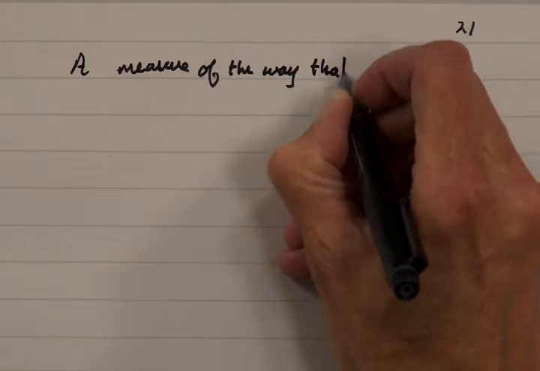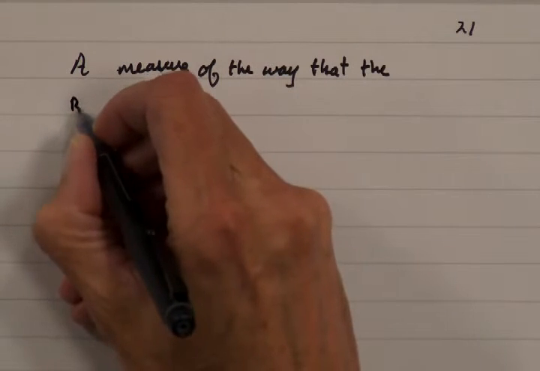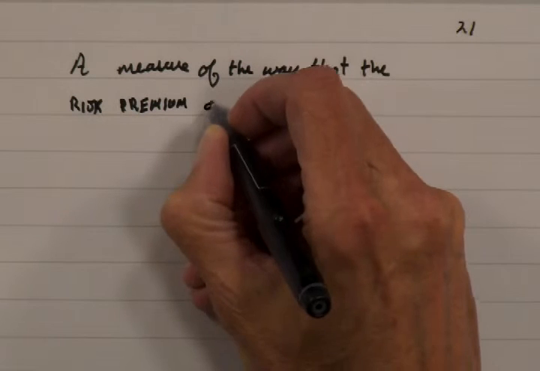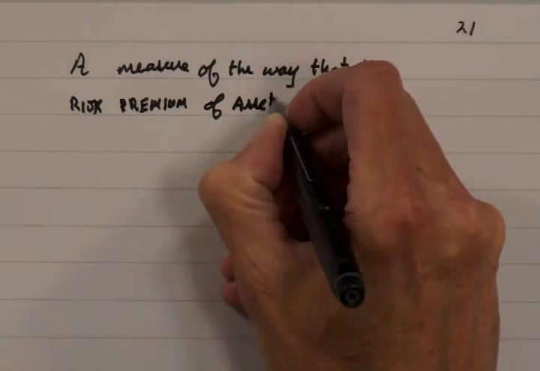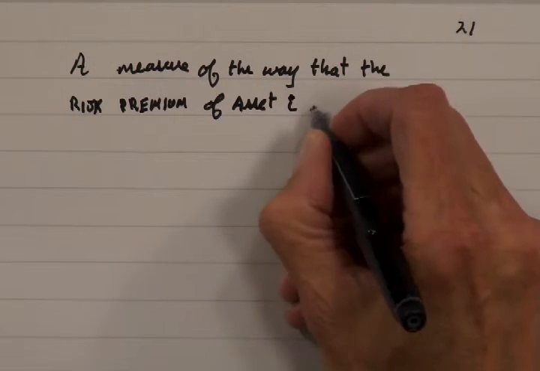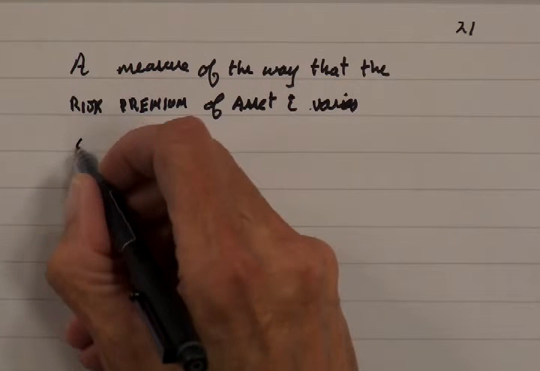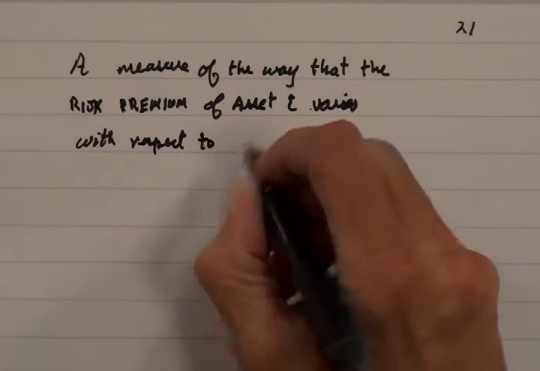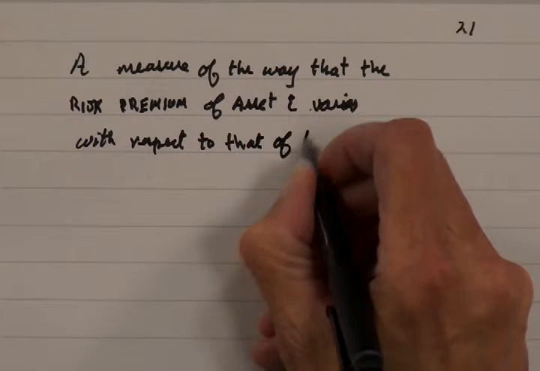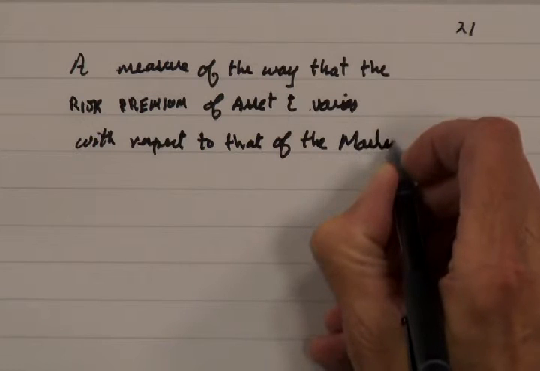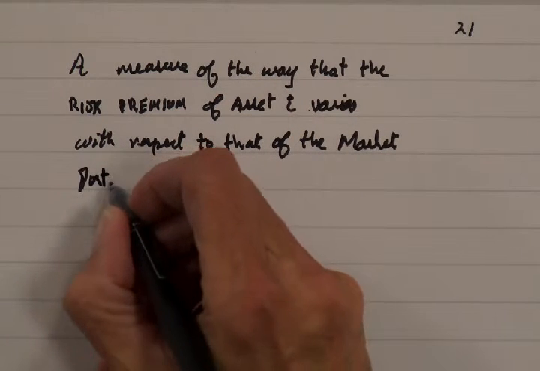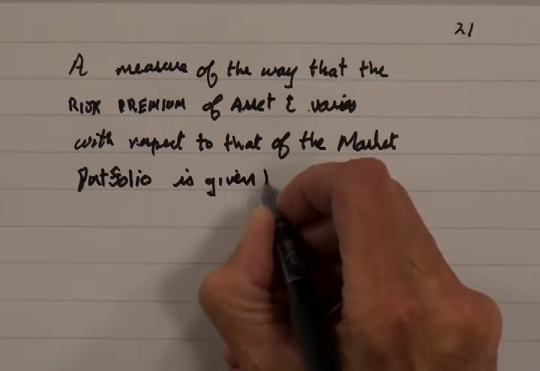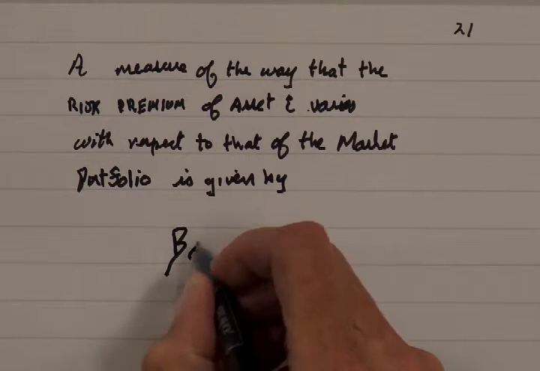Why don't we say this? The way that the risk premium of asset I varies with respect to that of the market portfolio is given by these beta i's, by beta I here.